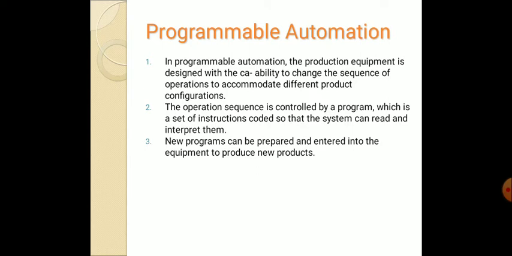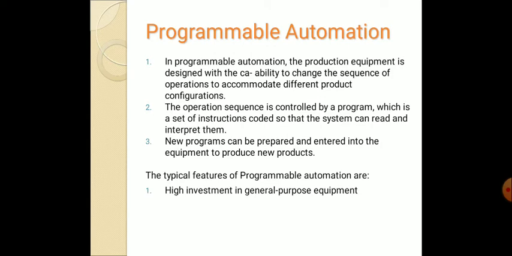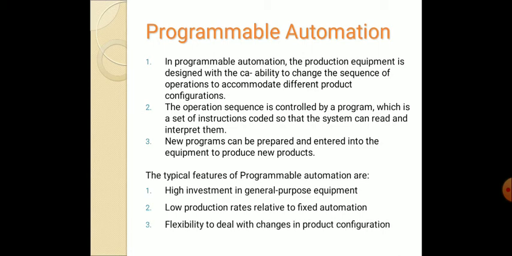The new programs can be prepared and entered into the equipment to produce new products. Some of the features that characterize programmable automation include high investment in general purpose equipment, low production rate relative to fixed automation, then flexibility to deal with changes in production configuration.